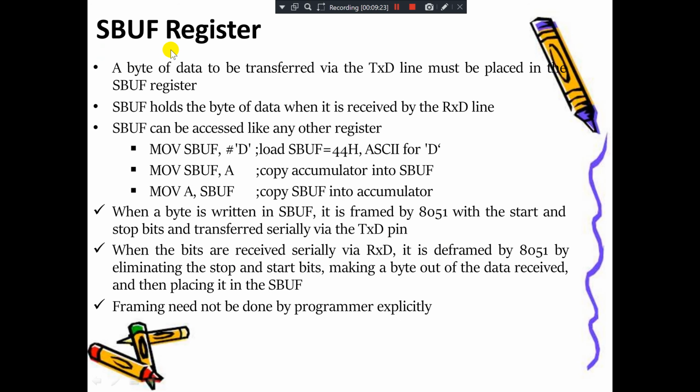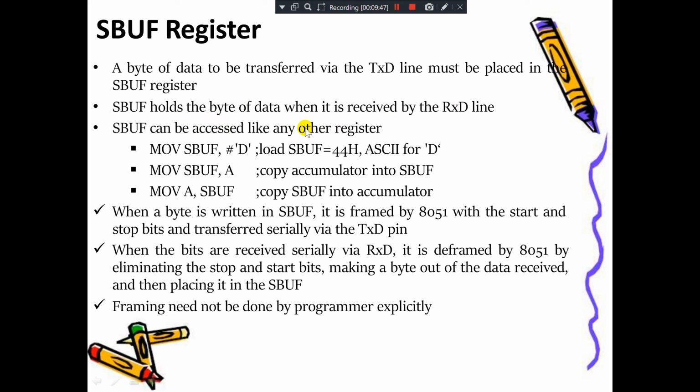Next, the SBUF register. A byte of data to be transferred via the transmit line must be placed in the SBUF register. SBUF is one of the registers in 8051 used for serial communication. It will hold a byte of data, that is 8 bits, when it is received by the receive line.